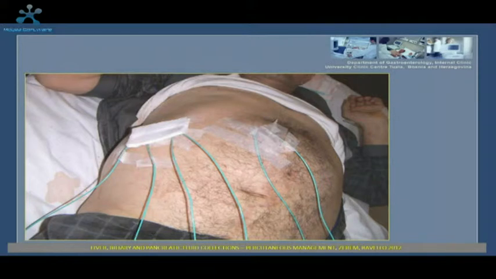Here is the patient from the previous slide with 6 catheters introduced simultaneously without general anesthesia and without any complication. According to the position of the insertion sites of the catheters, we can conclude that abscess collections were located in both liver lobes.